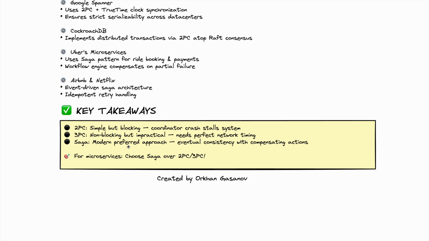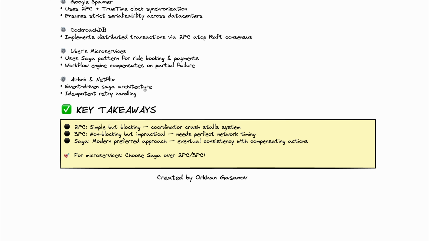And the Saga is the modern preferred approach. It's eventual consistency with compensating actions. It's mainly used in microservices. So again, if one takeaway that we can take from this episode, it is that for microservices, we should use the Saga pattern over 2PC or 3PC.